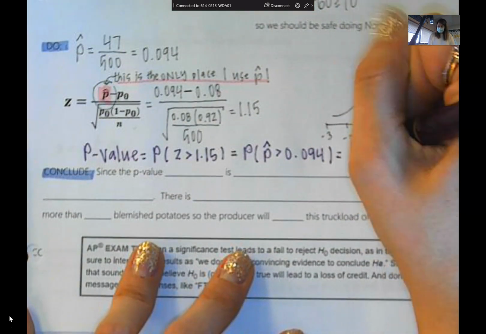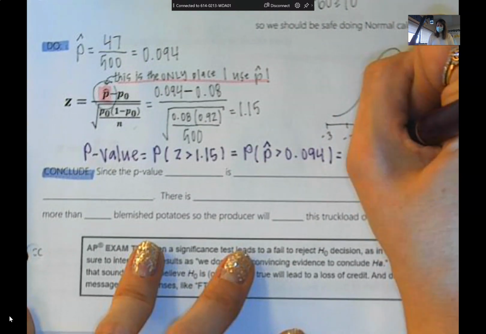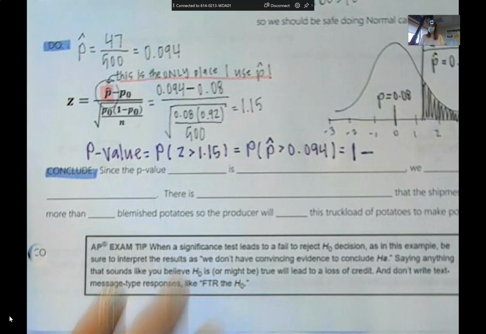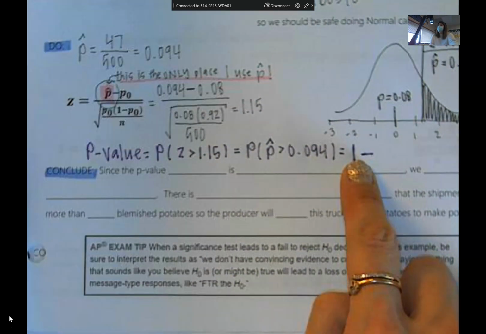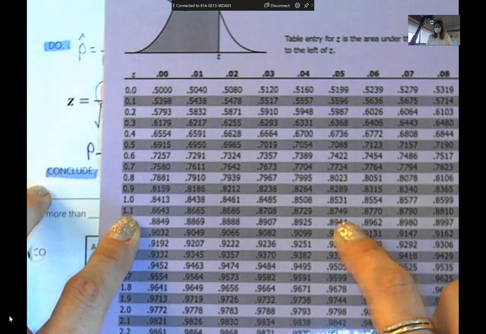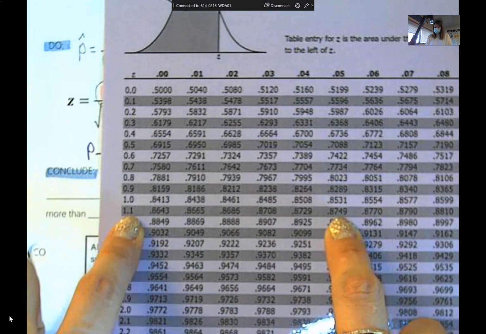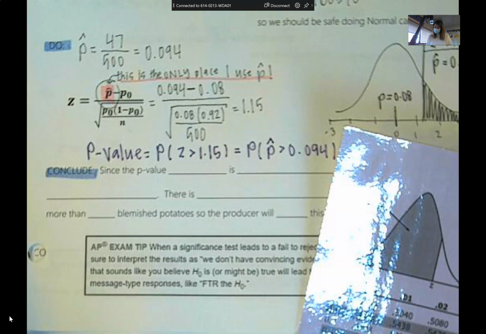So to find this, remember, if it's the area to the right, we have to do 1 minus. So we do 1 minus, we go to our table, 1.1, slide over to the 5, and I get 0.8749.